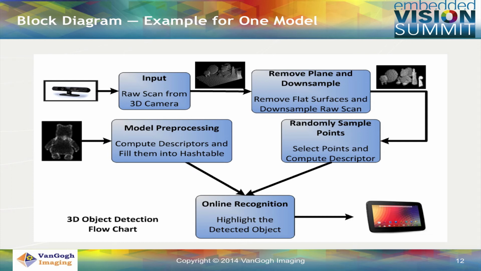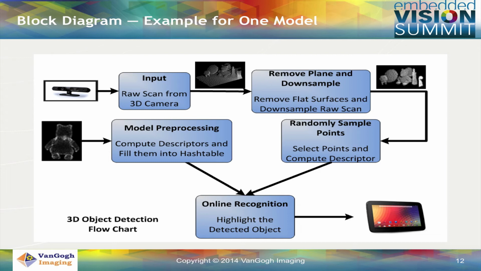The workflow is that the models are pre-processed. It's time-consuming to generate this big model descriptor, and you don't have to do this in real time. So you pre-process the model, you come up with the descriptor. Then as the scans come in from a scanner at so many frames per second, first we remove the flat surface, because a flat surface doesn't have a lot of features.